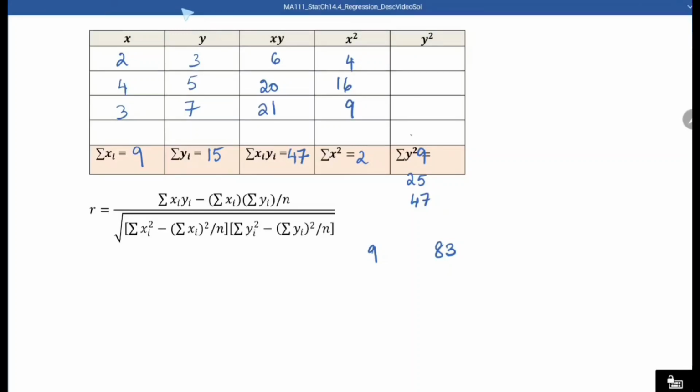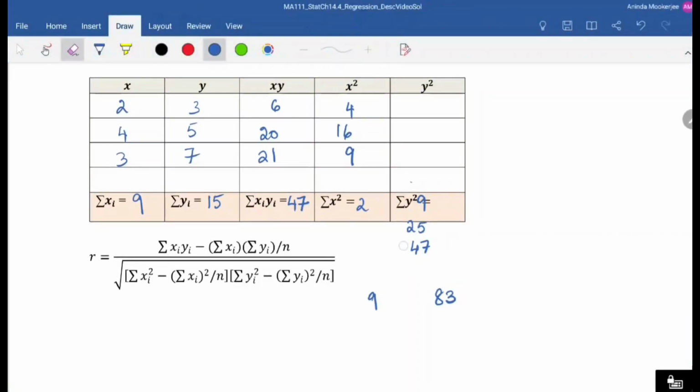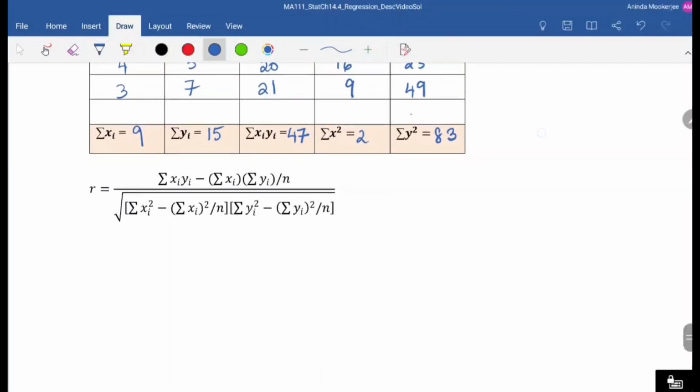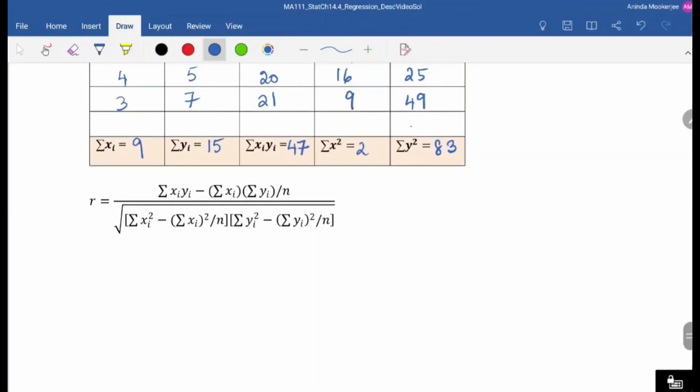Excuse me, I need to erase and rewrite here because I have floating letters all over. So let's plug the values into the equation.